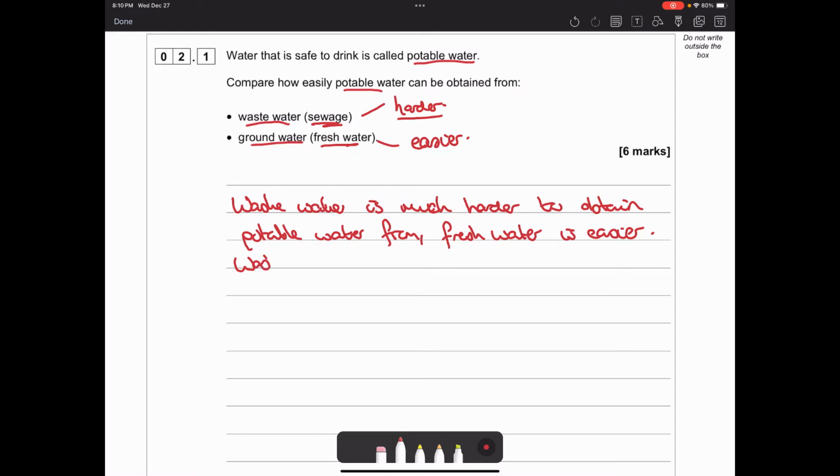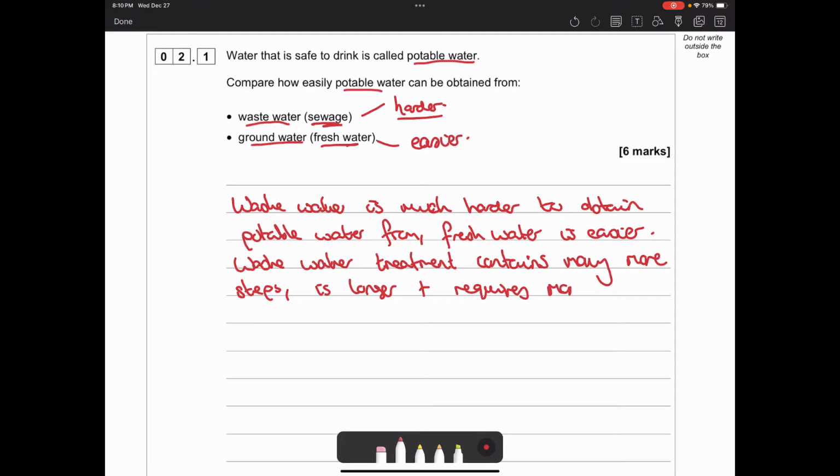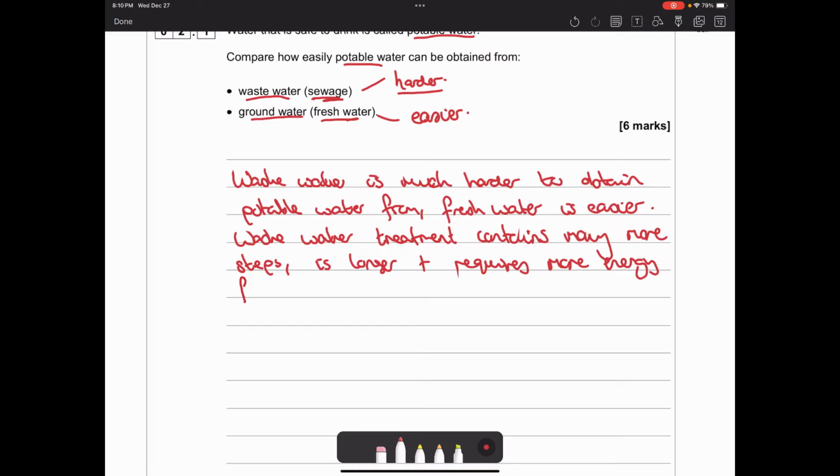Okay, I would say wastewater treatment contains many more steps, is longer, and requires more energy. Okay, whereas fresh water has fewer steps and is quicker. So you've got some quick comparisons down there, which hopefully should be pretty obvious.